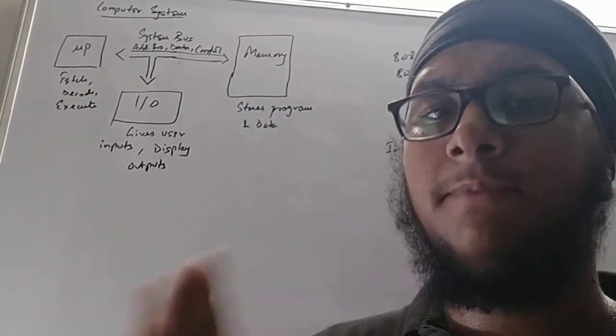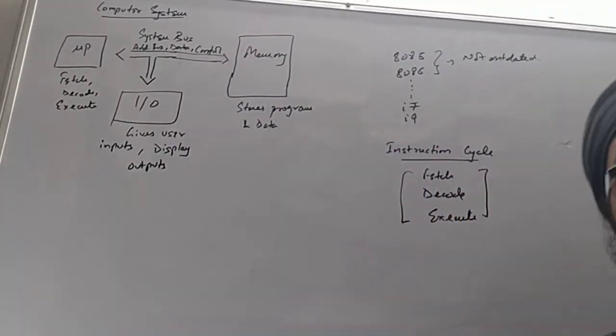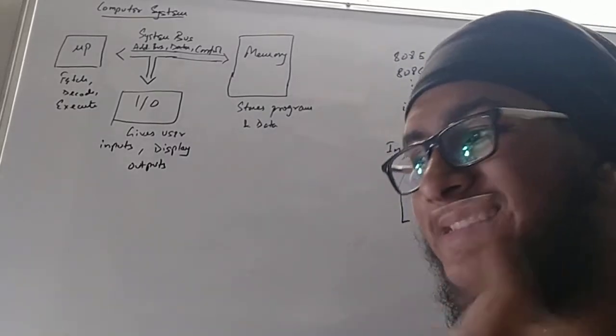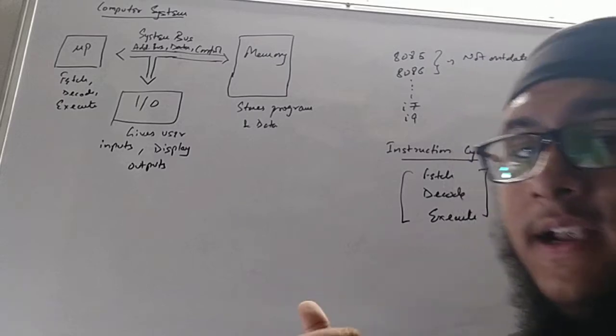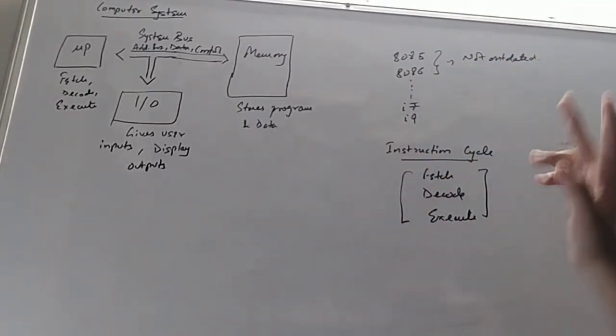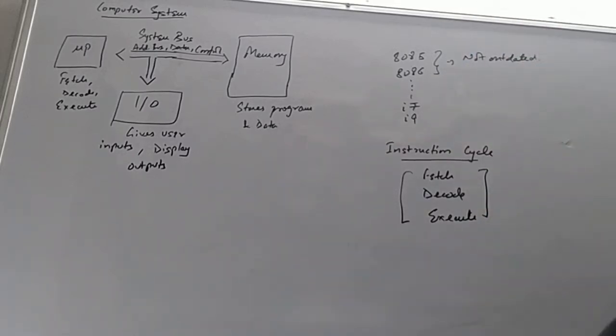Okay, so we begin by learning a basic processor like 8085 or 8086, but make no mistake, none of this is outdated. I have written there 8085, 8086 till i9. So these two processors, 8085 and 8086, are not outdated. Yes, your mobile phone or your computer today uses the most advanced cutting edge processors. If you are on iPhone, maybe A12 Bionic chip, or if you are on Android, then other processors.